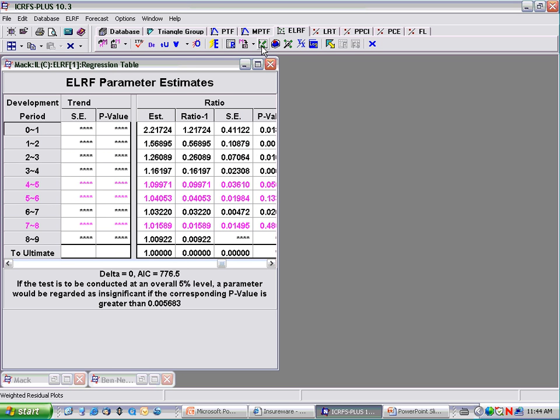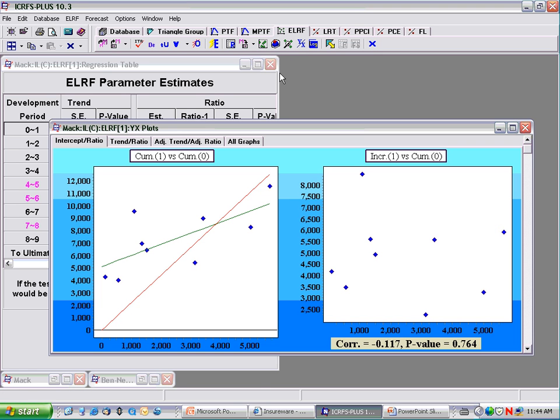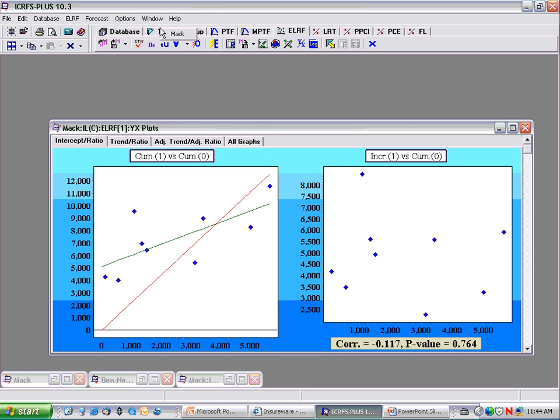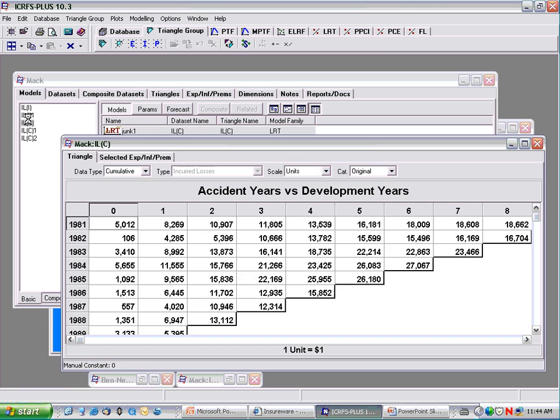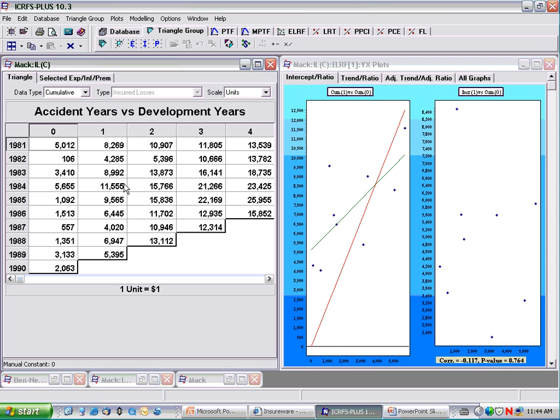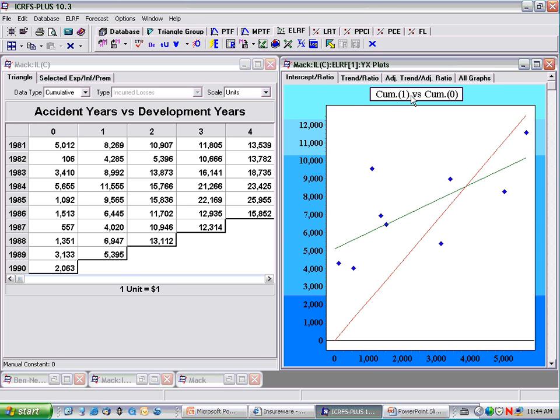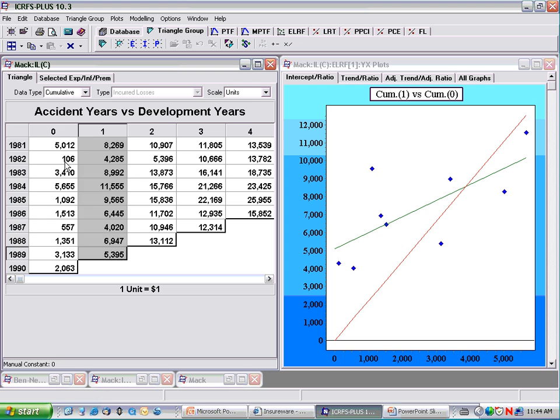And let's look at the graph of the data. And let's look at the actual data. See if we can interpret the graph of the data. Well, let's see. That's the cumulative at development year 1 on the right versus the cumulative at development year 0. So it's these numbers versus these numbers.